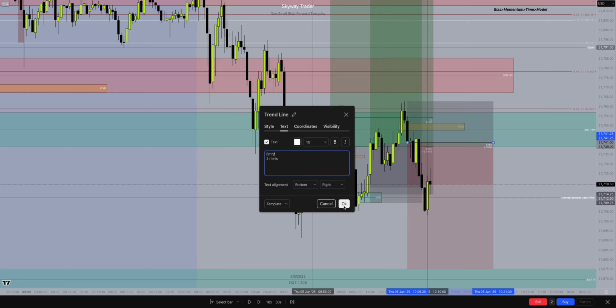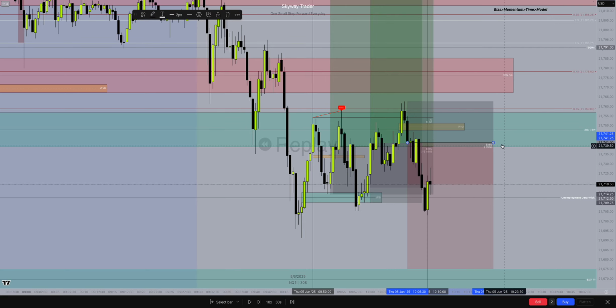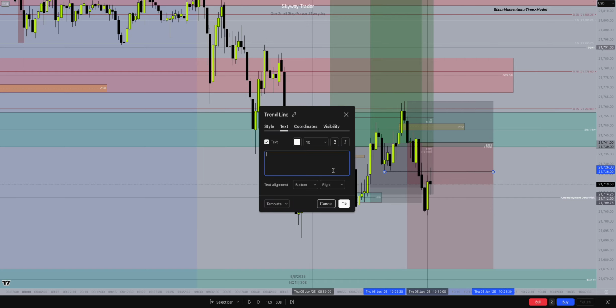If I have a trade, this is how I'm journaling my trades. I go in and I just talk about what I'm expecting, what I'm doing. EP1, SL, 2BE, and 1 minute here, right? So we definitely hit that.